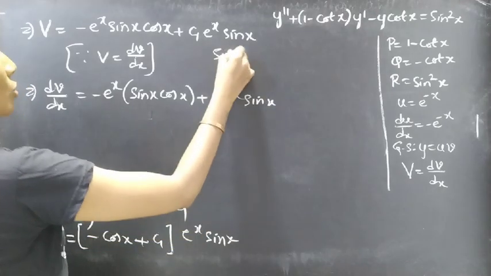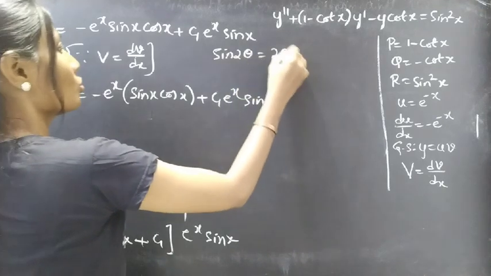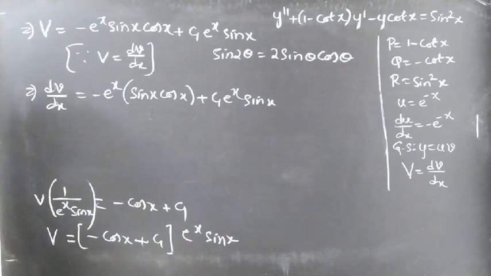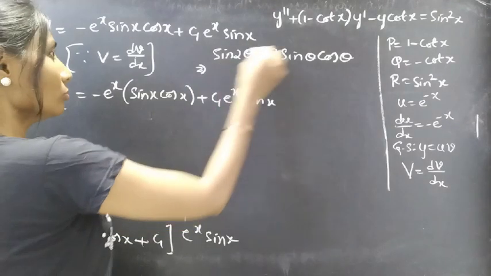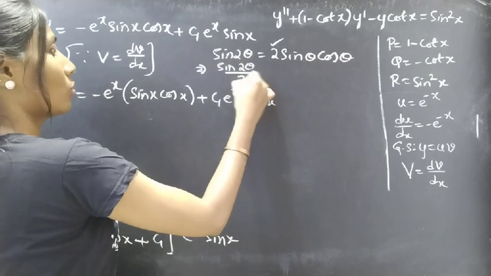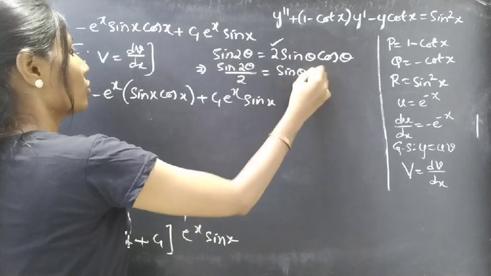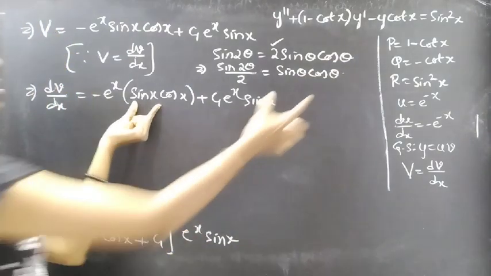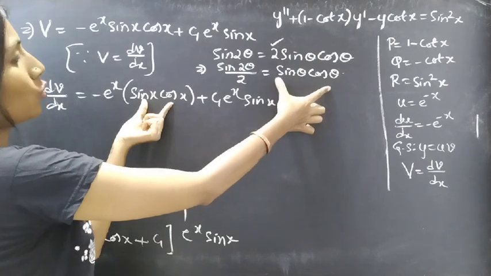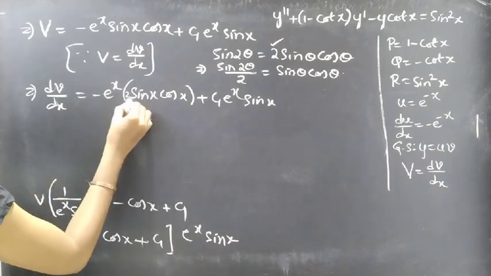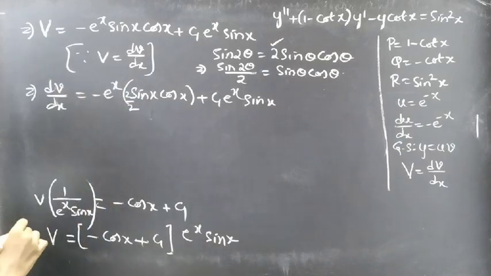We know that sin 2 theta equals 2 sin theta cos theta, right? If you bring this 2 to the LHS, we'll get sin 2 theta by 2 equals sin theta into cos theta. So now we can replace sin x cos x with sin 2x by 2, or multiply and divide by 2.